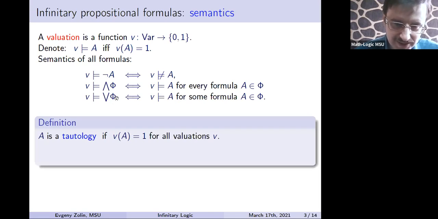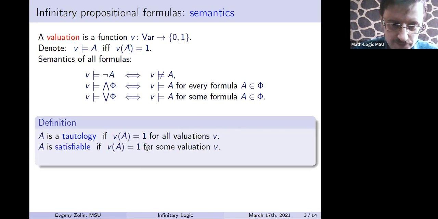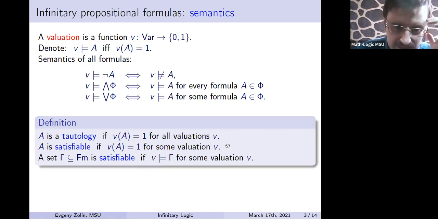Of course, this last line is a consequence of the first two, because disjunction is not a primitive symbol but a defined symbol. So a tautology is a formula that is true for all valuations. A satisfiable formula is true for some valuation. And we say that a set of formulas gamma is satisfiable if all formulas from gamma are true for some valuation V.